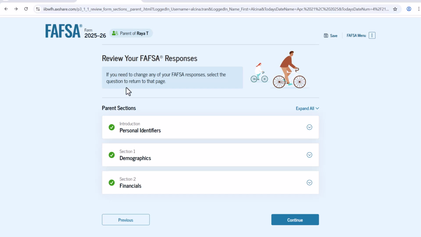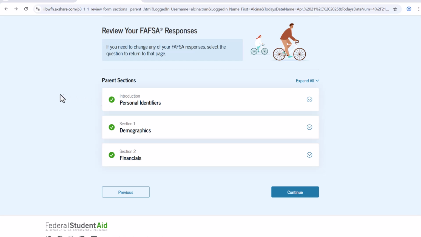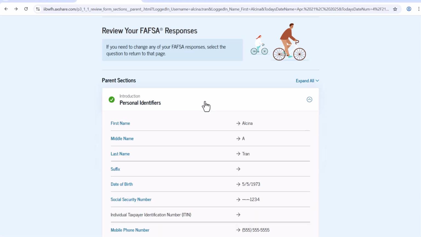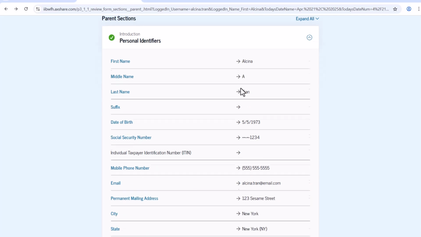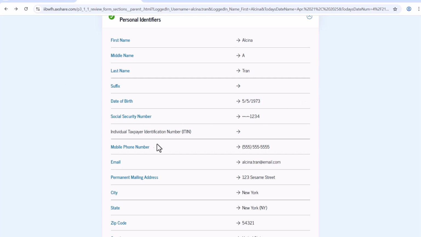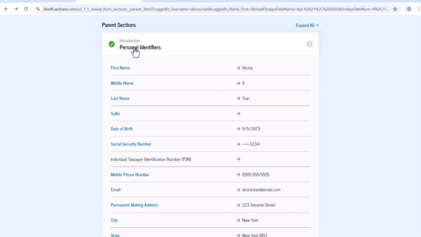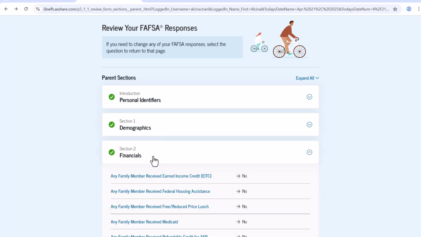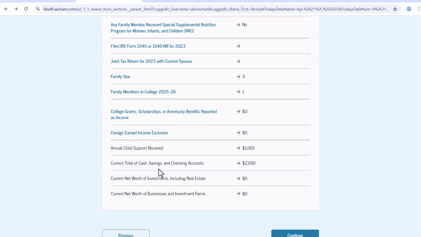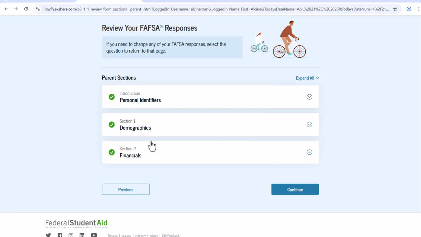Okay, so this is basically the summary page. You can go back and review all of your answers that you put into your personal identifier, such as your name and all the personal information for you here. You can just verify that it is correct. Same for your demographics. And then lastly, for your financials, you can go in and make sure everything looks good there.